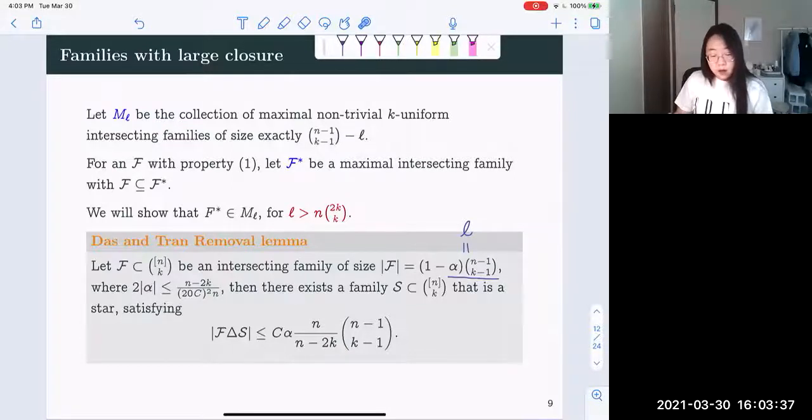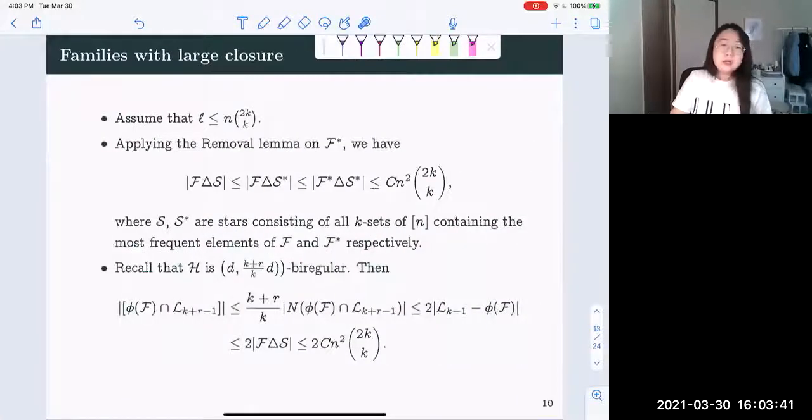Okay, how do we apply this removal lemma? Let's assume by contradiction that this L is actually smaller than what we want to prove. Then we apply the removal lemma on F star, and we get that the symmetric difference of F star and this larger star is upper bounded by this number. So just plug in this L.